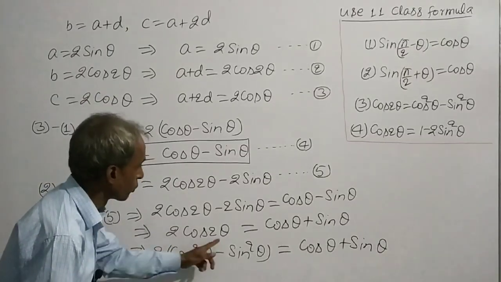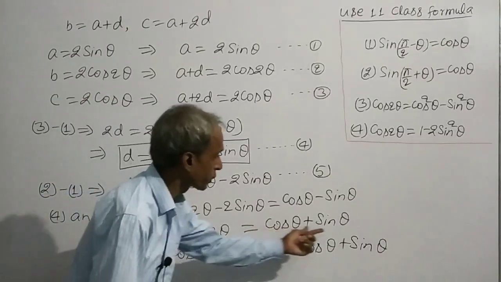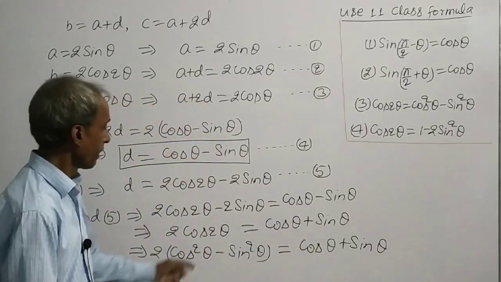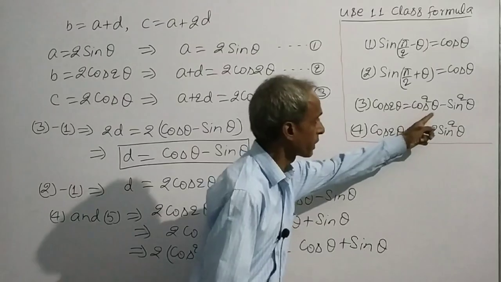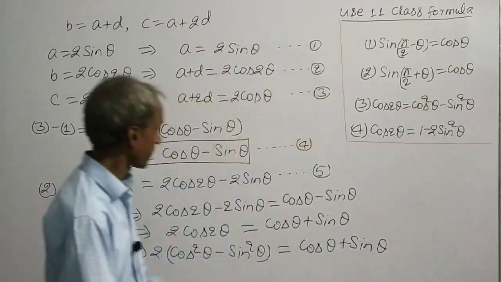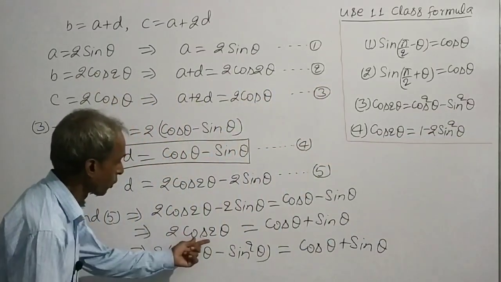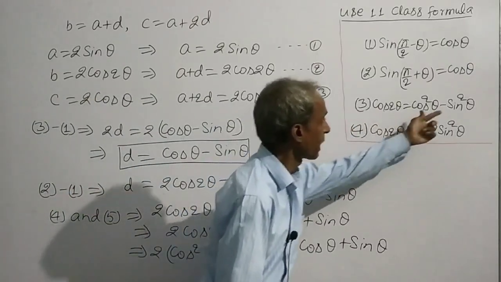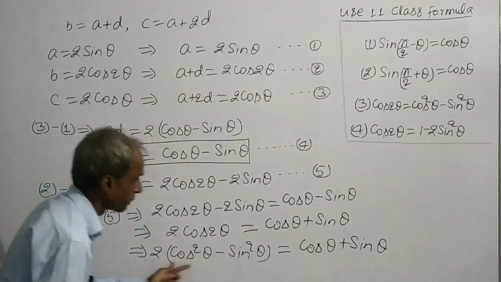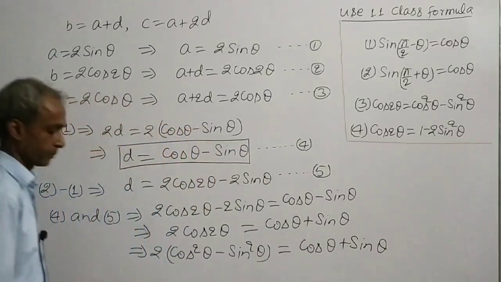And we get 2 cos 2 theta is equal to cos theta plus sin theta. But cos 2 theta is equal to cos square theta minus sin square theta. Therefore, when we write the value of cos 2 theta by using this formula, we get this.